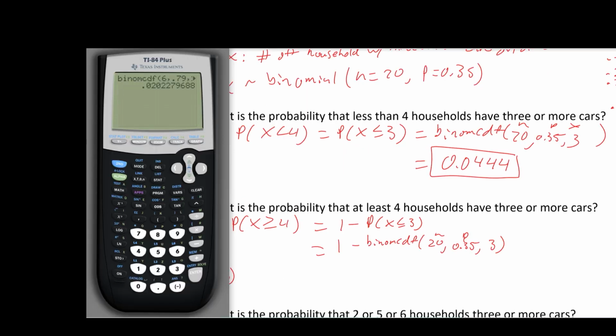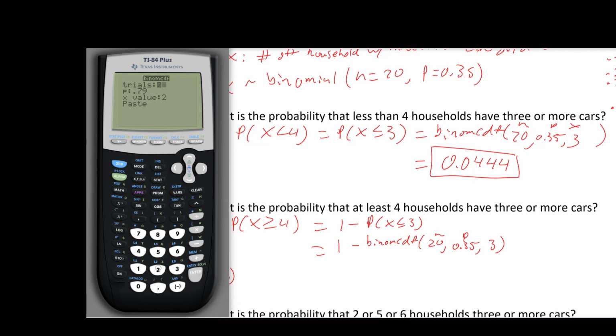All right, so we want to put it in just the way we see it. So let me clear out the home screen. If you do 1 first, and then we subtract, and then we go to the second distribution. Go down to binomial CDF.